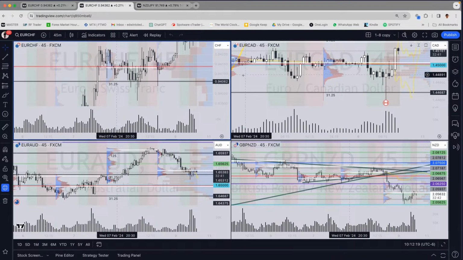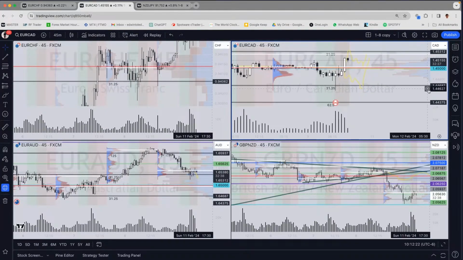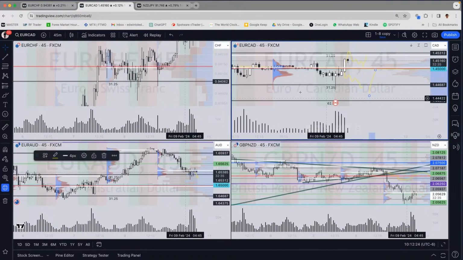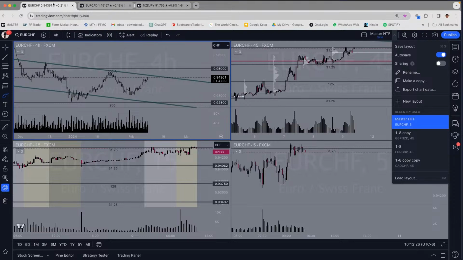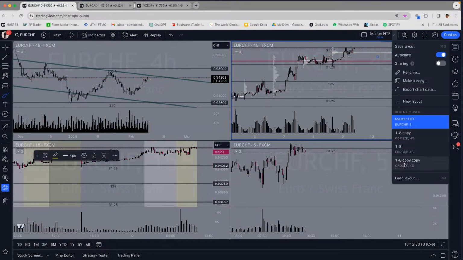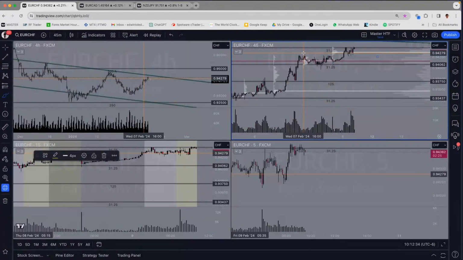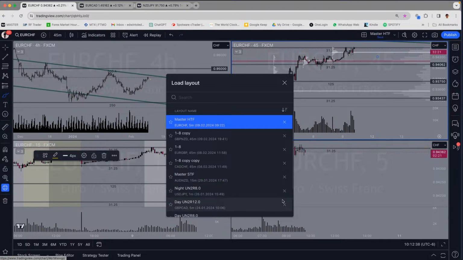It gives us this layout, which is nice to have. Let's copy the master one, I think. Okay, we have too many layouts. Let's just delete some.